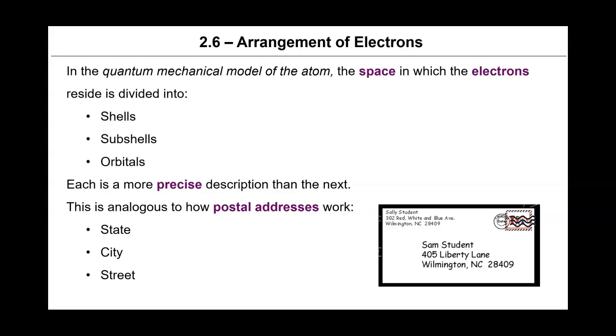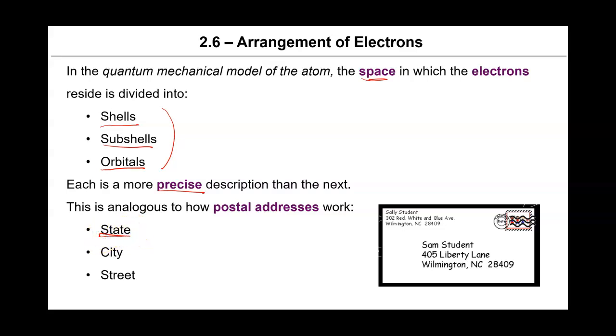So in the quantum mechanical model of the atom developed by Schrödinger, the space where electrons are located is divided into three regions. We have shells, subshells, and orbitals. And each of these is a more precise description of where the electron is than the last. It's kind of like how a postal address works.